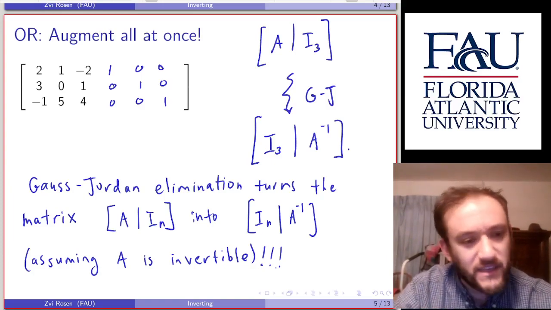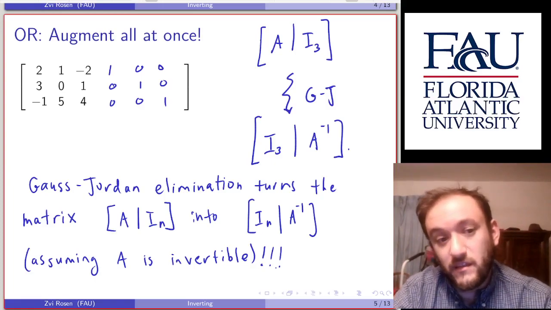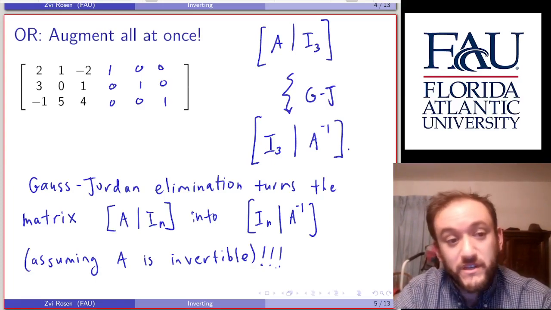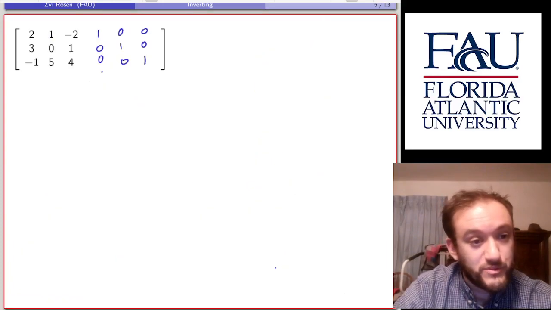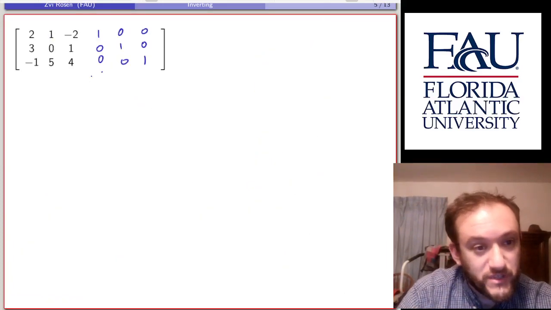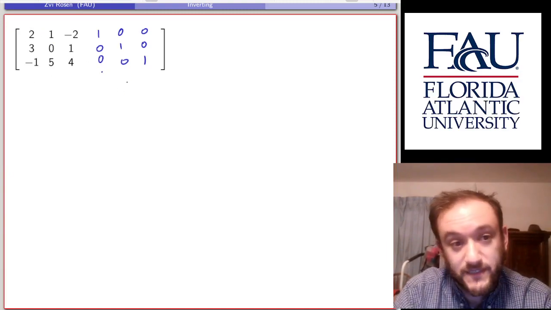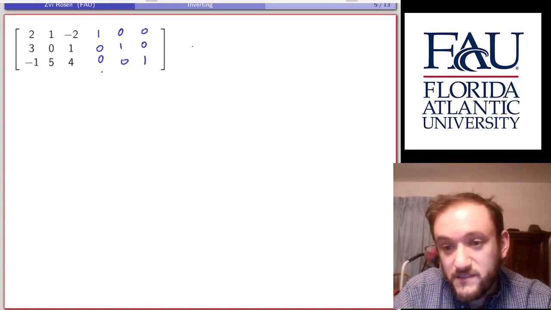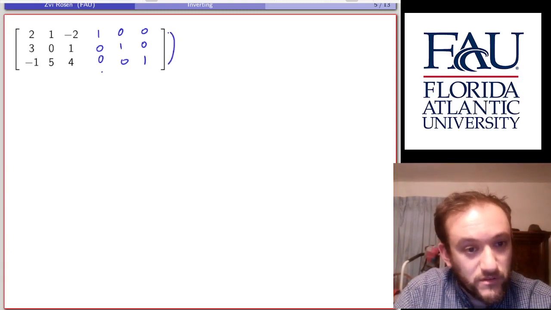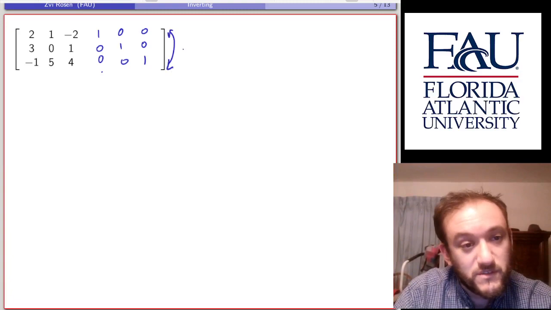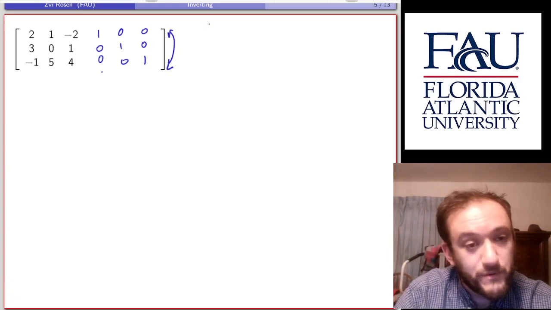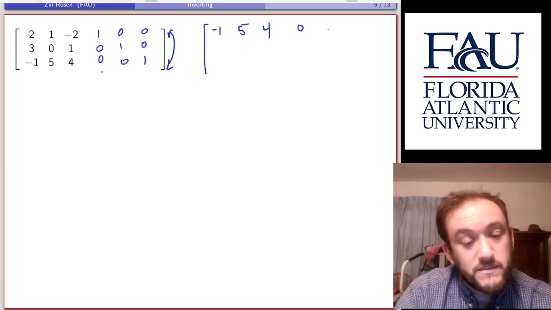Okay, so let's go ahead and give it a try. Let's see if we can get the inverse matrix here using this approach. So we'll start with the matrix we wrote down up there. This is A augmented by the identity matrix. And we'll follow the same steps as we did when we were getting that first column. So we'll switch row 1 and row 3. We'll get -1, 5, 4, 0, 0, 1.